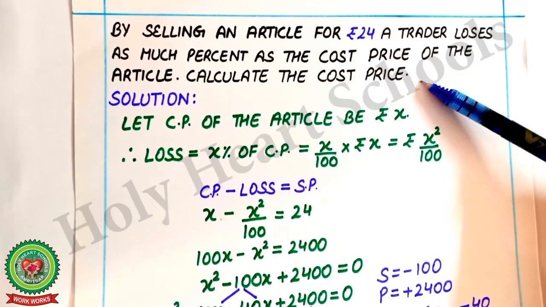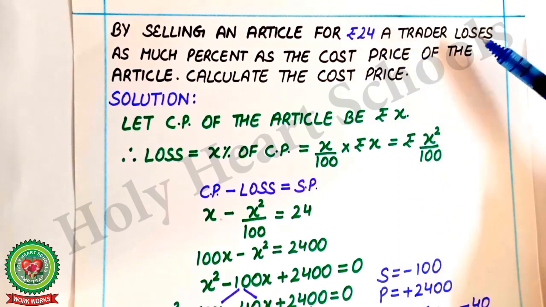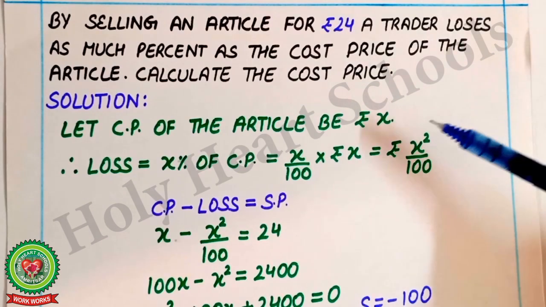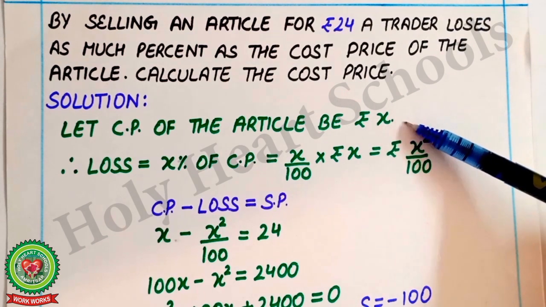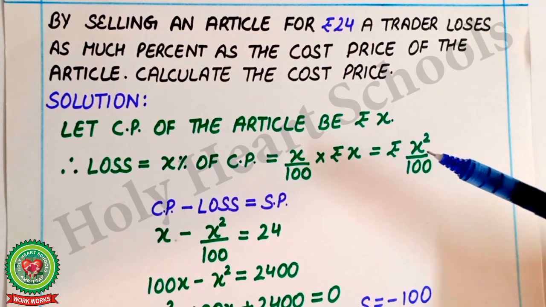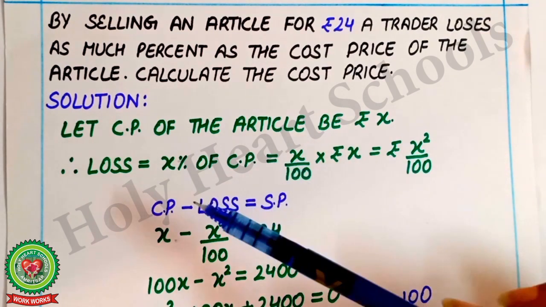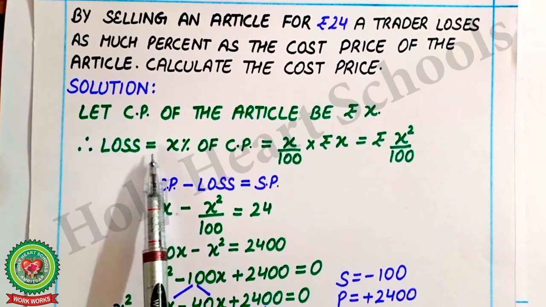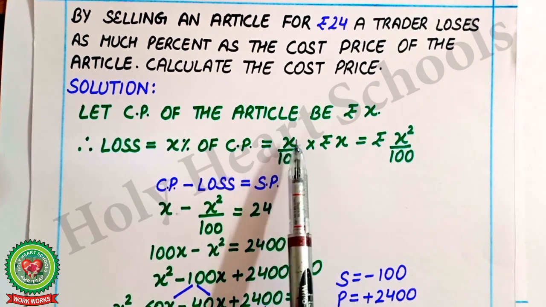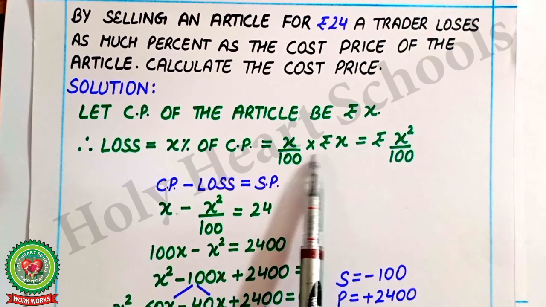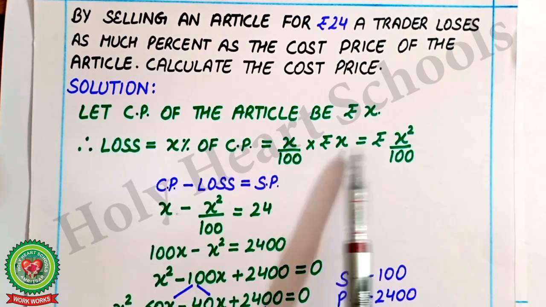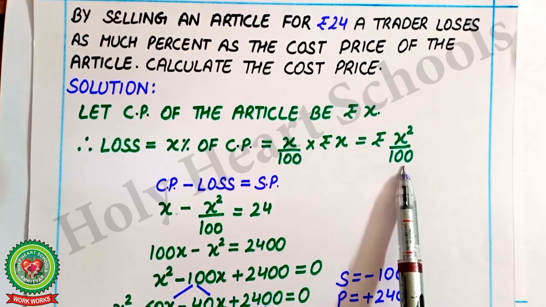According to the question, CP and loss percent are both the same, so the loss is also x percent. Therefore, loss is x percent of CP, which is x upon 100 into x, that is x square upon 100.